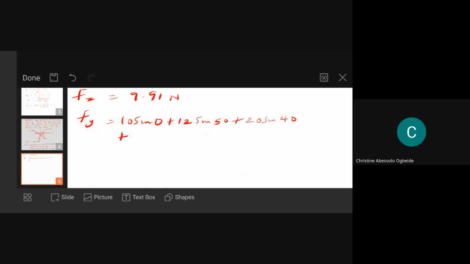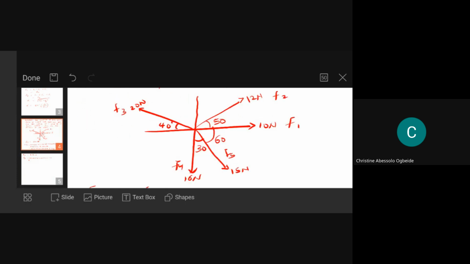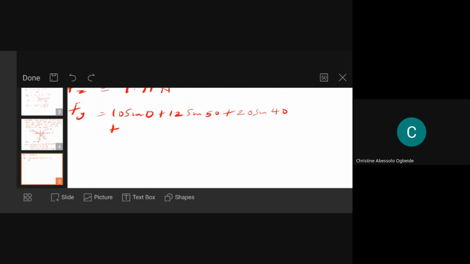I come down, go back again, put my plus sign there. Let's check the F4 in the diagram. The F4 is downward. You see that? So F4 is 16 sine 90. Remember, that force is at 90 degrees to the horizontal. So I write that down, plus minus 16 sine 90.